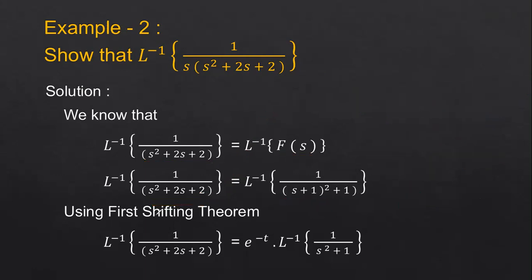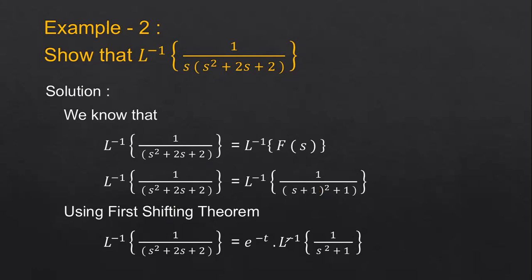Again, by using the first shifting theorem, it is shifted by plus 1 here. So again you apply the first shifting theorem. What will you get? e power minus 1 into t, that is e power minus t into Laplace inverse of 1 by s square plus 1 square, or 1, whatever it may be.